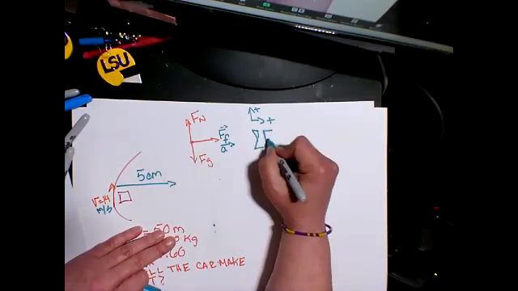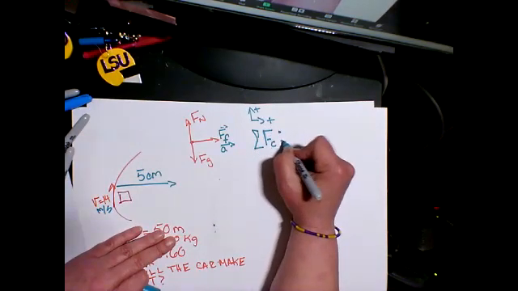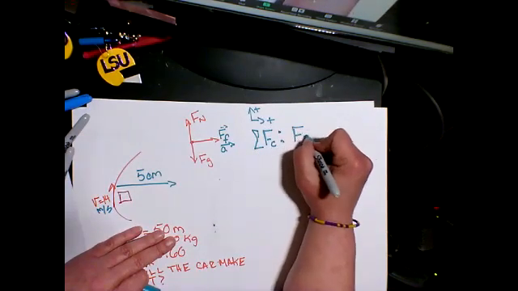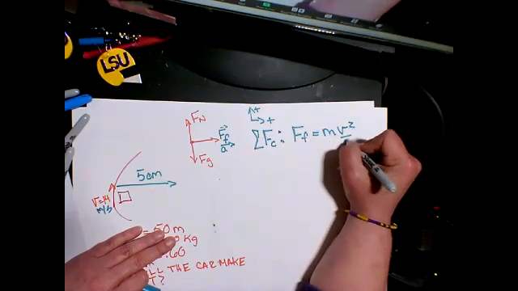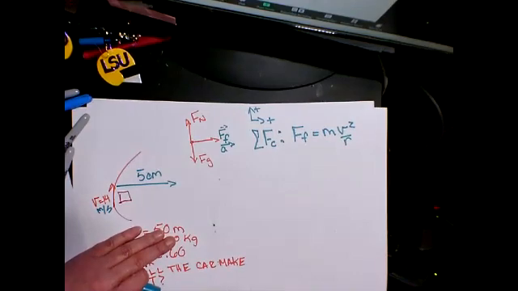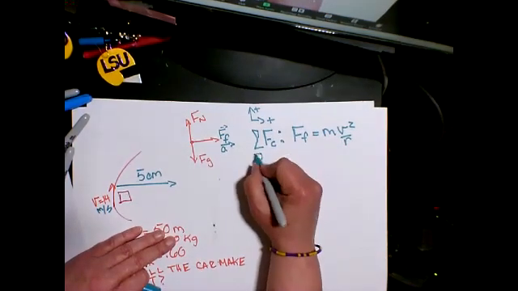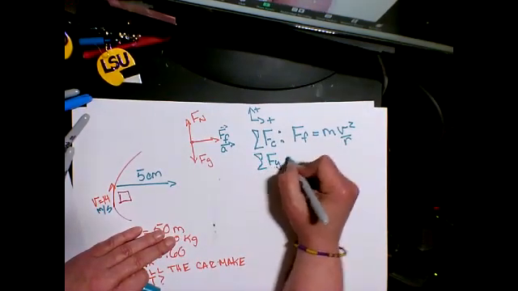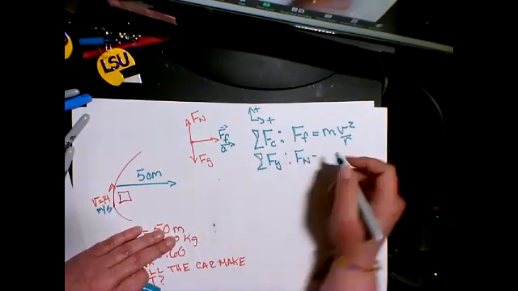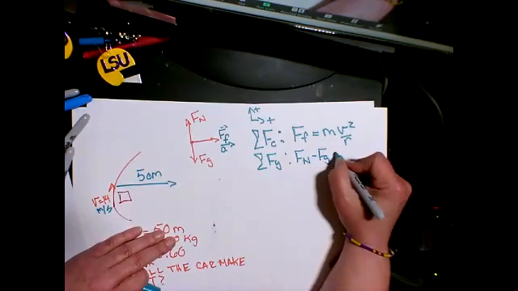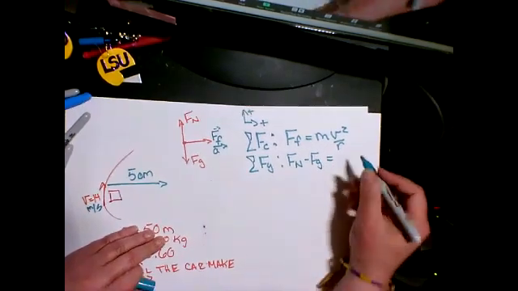Summation of forces for my center, which is also my x, is going to be my force of friction equals my mass times my center seeking acceleration, mv squared over r. And my sum of forces in the y, up is positive, so force normal minus force of gravity equals 0, because we're not flying up in the air and we're not plummeting down.